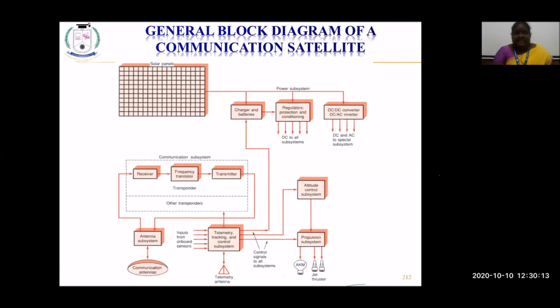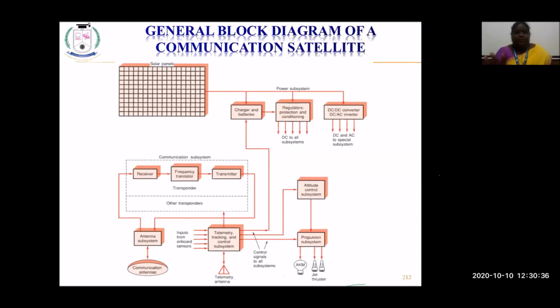Once it is placed in the orbit, that propulsion system will get detached. We have seen this already, on video also. For continuous positioning in its orbit, we need the propulsion subsystem as well as the attitude control system. We are going to see this in detail one by one.